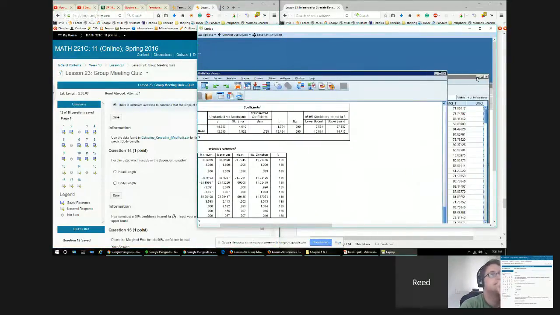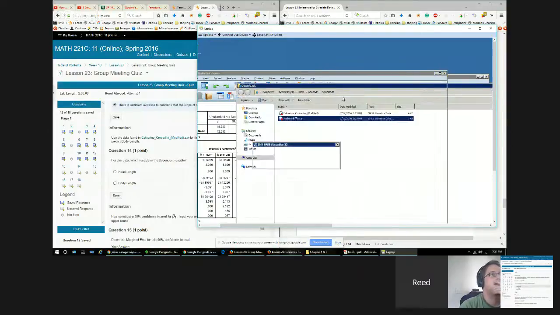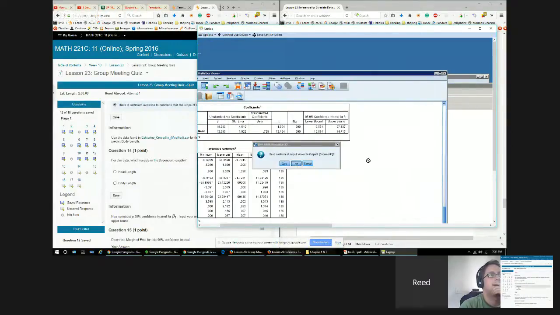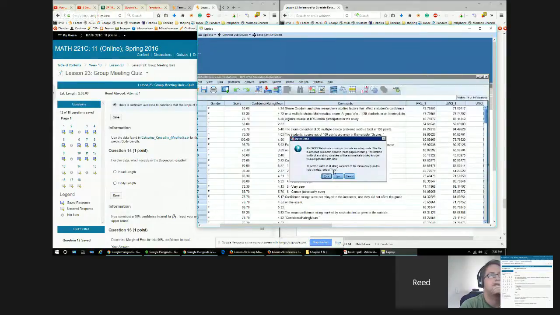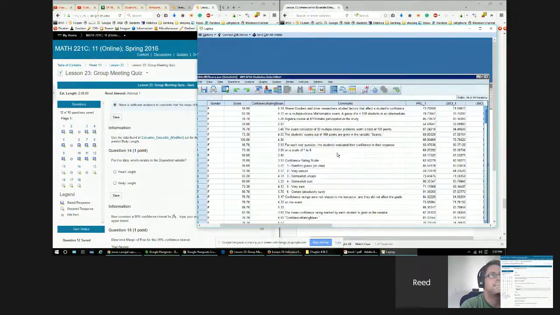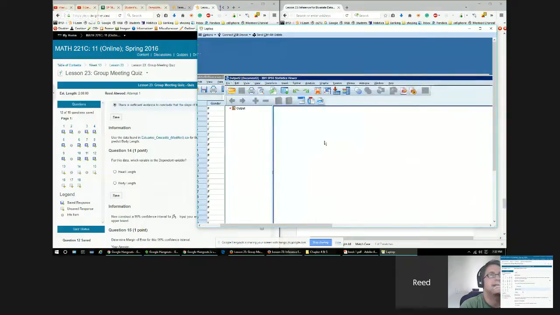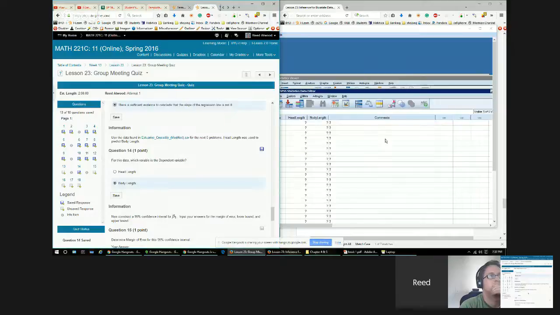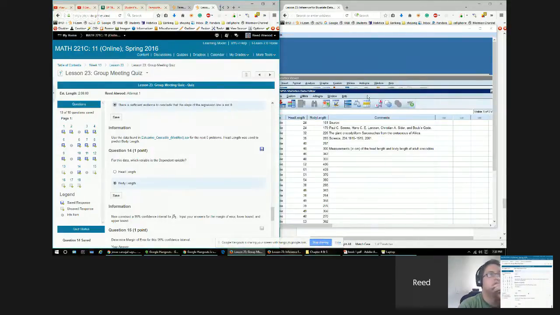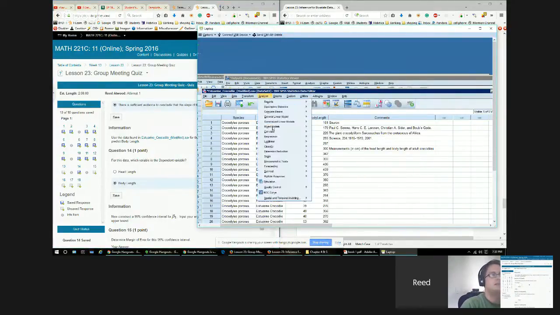And then on 14, which is the dependent variable? It's the body length because they're using the head length to predict it. Okay. So now it says to construct the confidence interval and the margin of error.